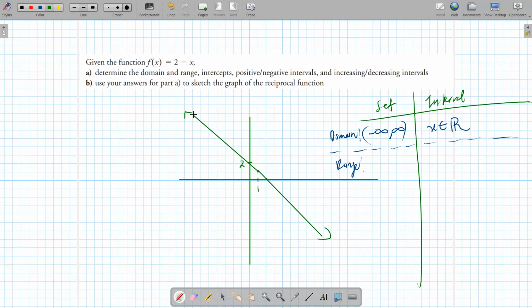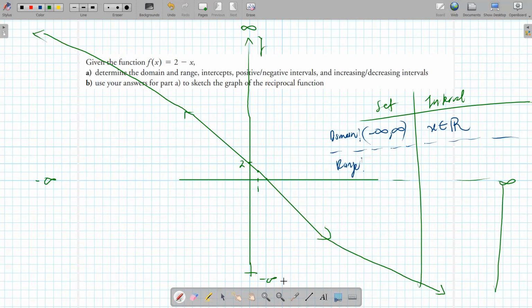This line goes all the way up here, and this one extends all the way down here. All the way down you have -infinity, and all the way up you have +infinity on the y-axis. Same thing for x. As you can see, there are no restrictions on either x or y.